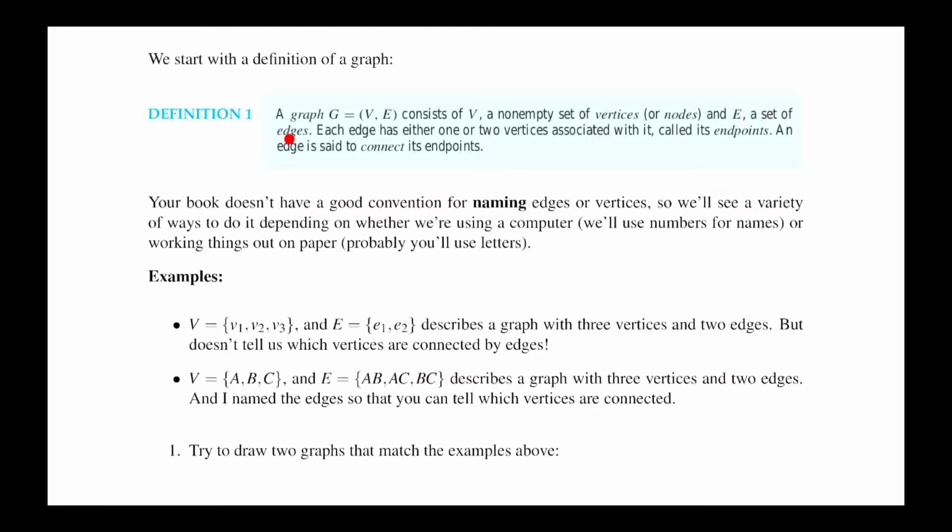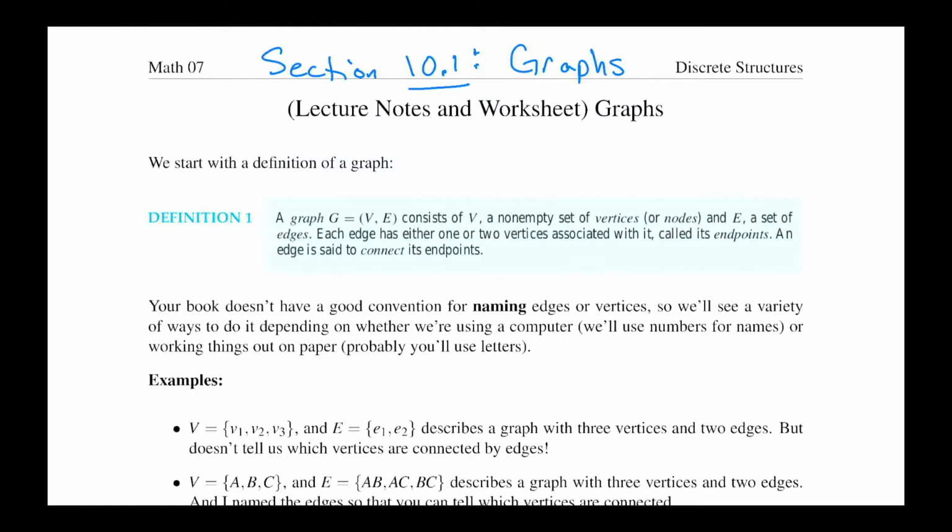E is a set of edges. So every edge either has one or two vertices associated with it called endpoints, and an edge is said to connect its endpoints.